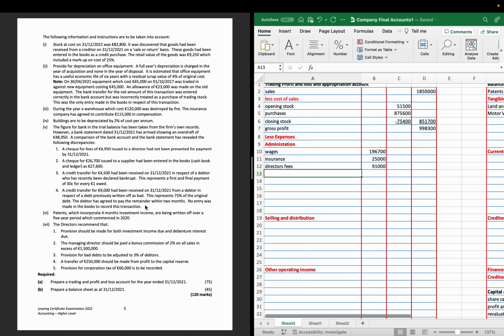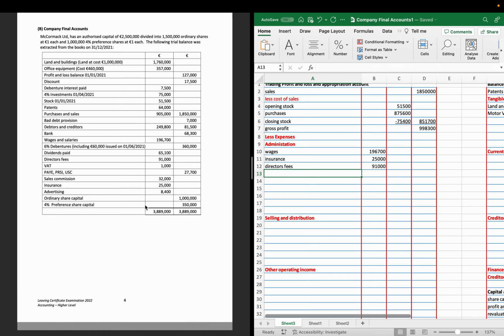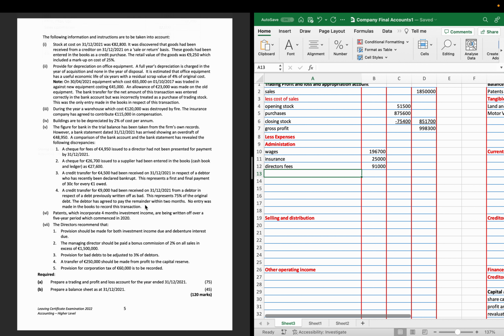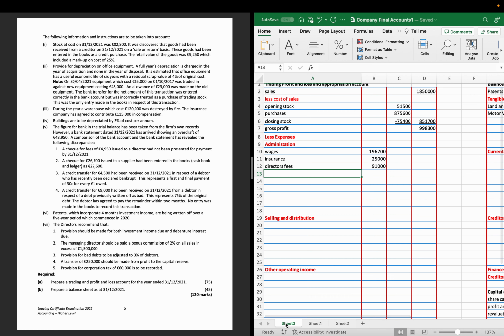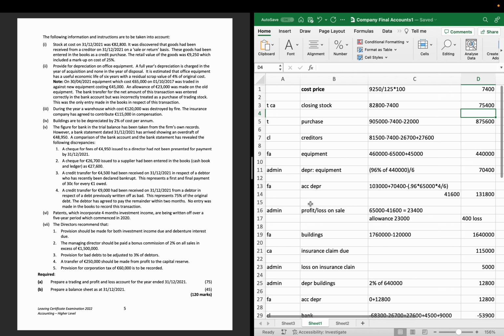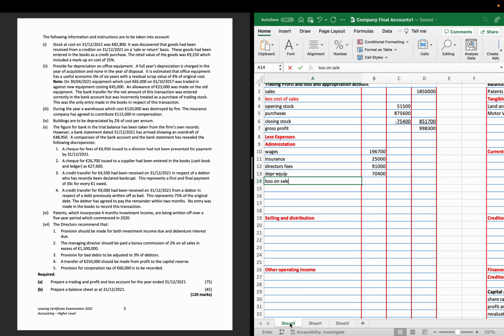You've got, where am I at here now? You've got your workings then. So we've got the depreciation of equipment, 70,400. This is the part of the question you can do quicker than me. You've got the loss in the sale, 400.